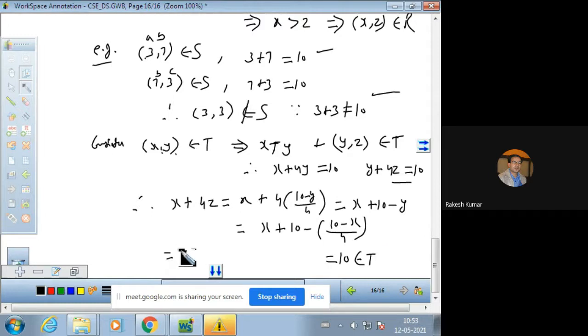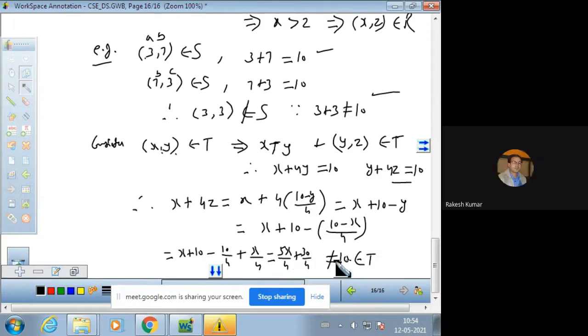So this comes out to be x plus 10 minus 10 over 4 plus x over 4. x plus x over 4 is 5x over 4, and 10 minus 10 over 4 is 30 over 4. And this value is not equal to 10.